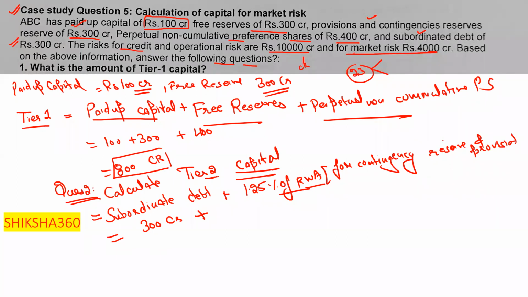It is not 1.25% of this one or that one, but of the risk weighted assets, that is, for credit risk, operational risk, and market risk, for contingency reserves and provisions, whichever is lower. So basically we have to take 1.25% of what?